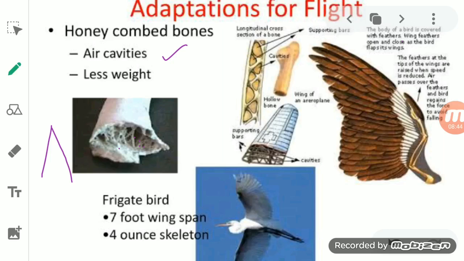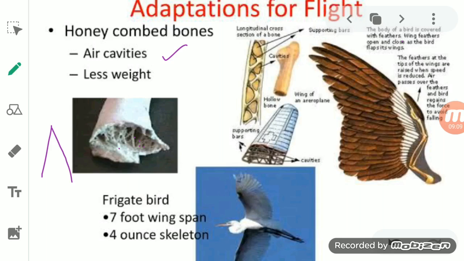Their flight muscles, right now we have studied about the flight muscles. These flight muscles which help in flying are very powerful, due to which a bird can fly. Their breastbone is extended for attachment of large flight muscles.